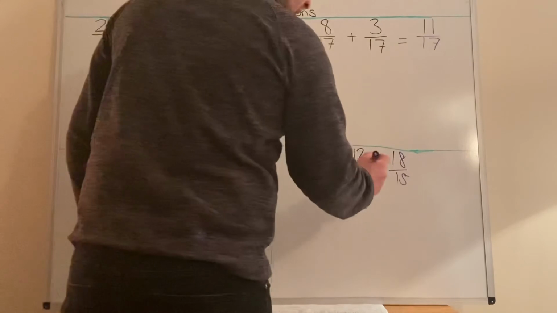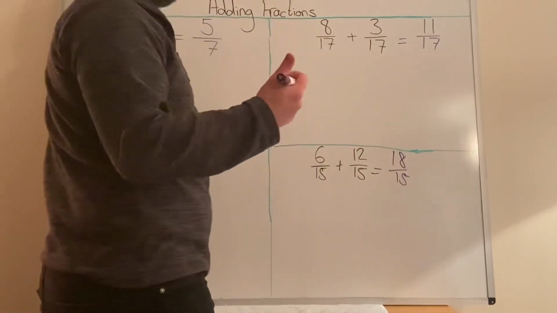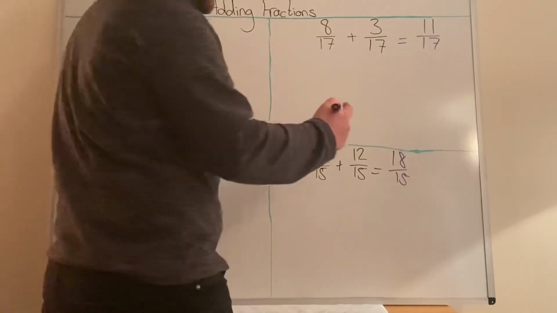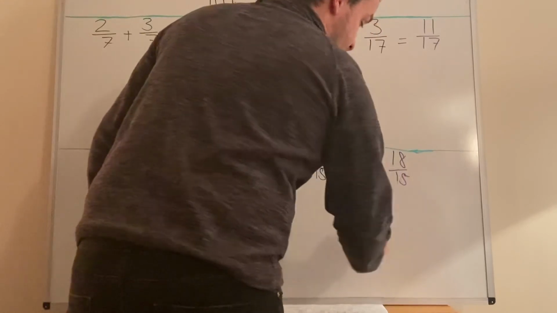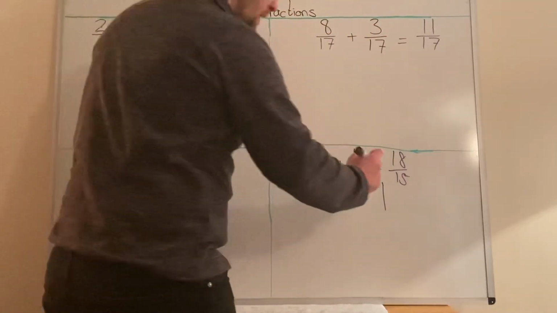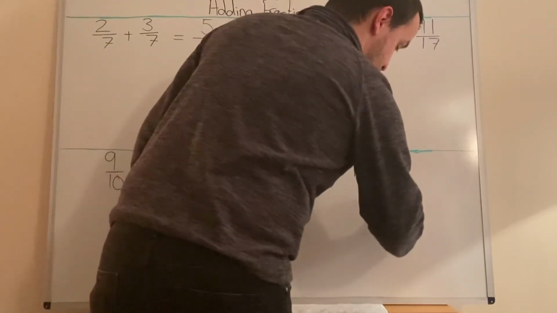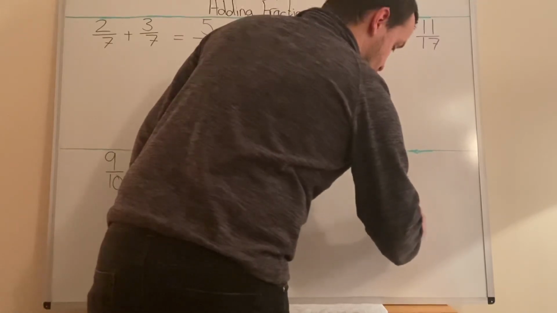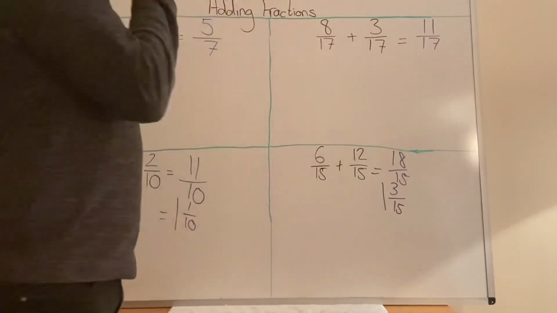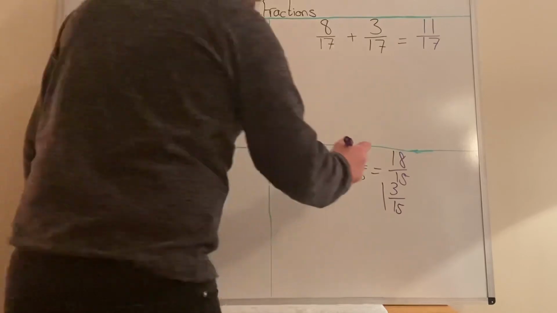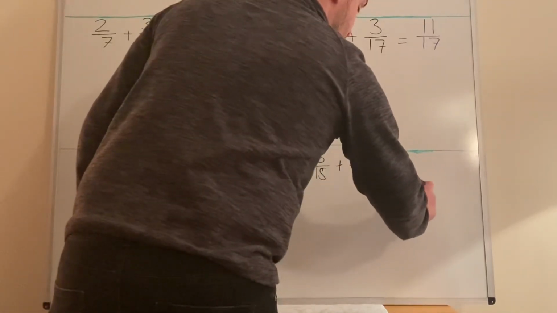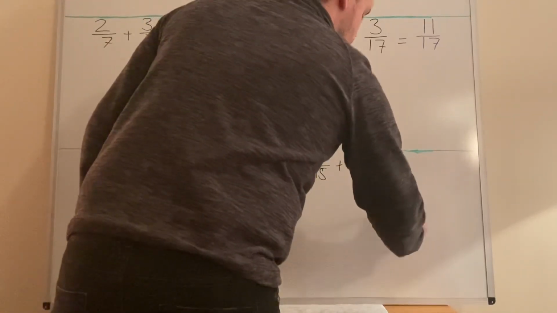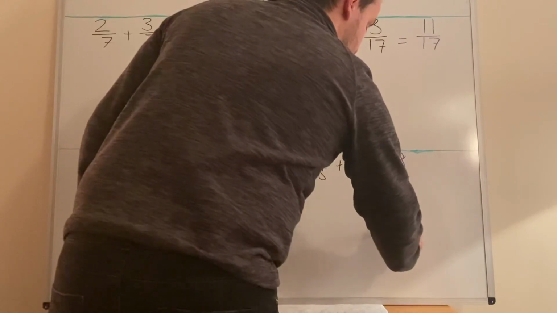If you think about your 15 times table, you've got 15, add 15 is 30. So we have 1 15 in 18 with 3 remainder. Now you can simplify that, because you can divide them both by 3. So we get 1 and a fifth.